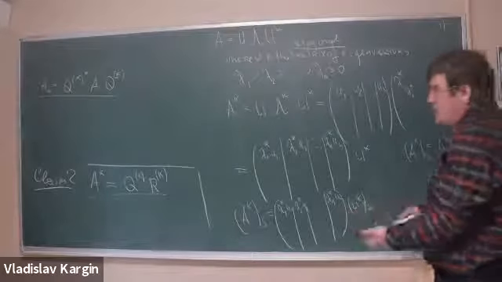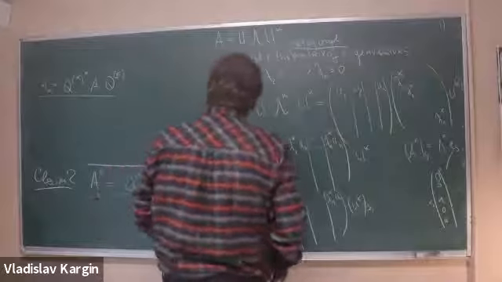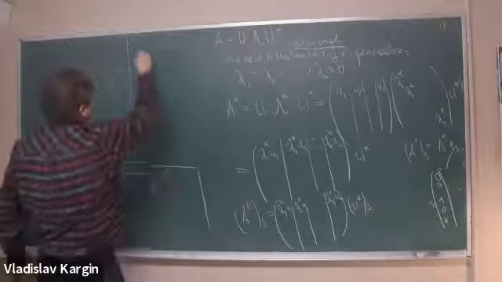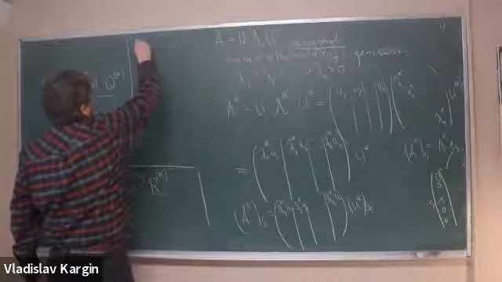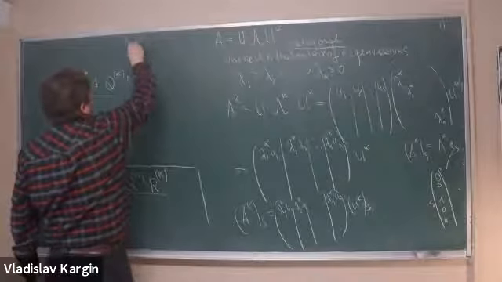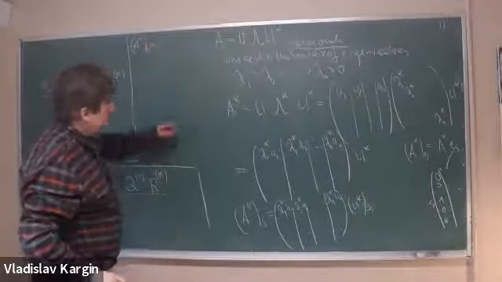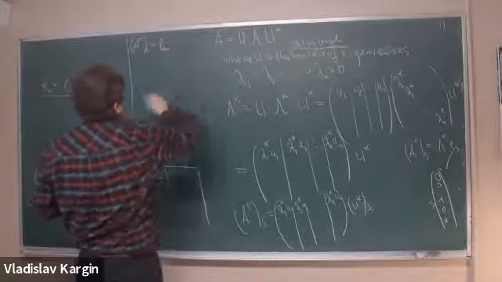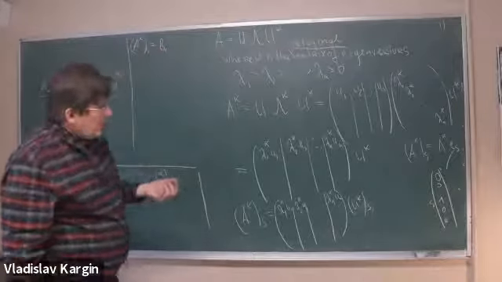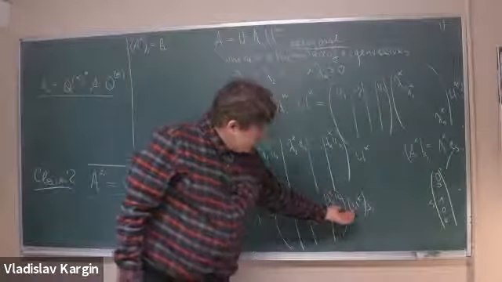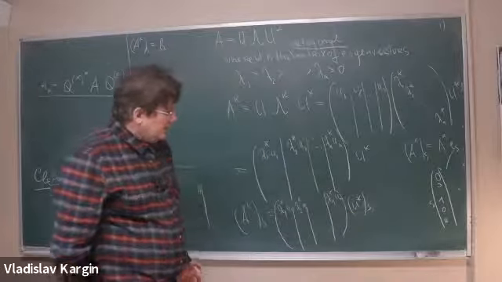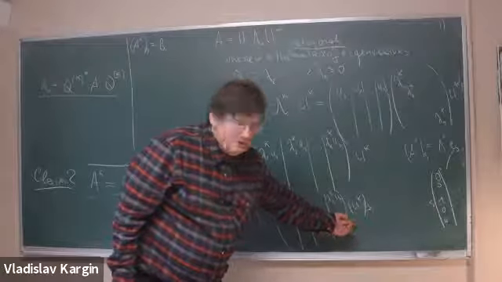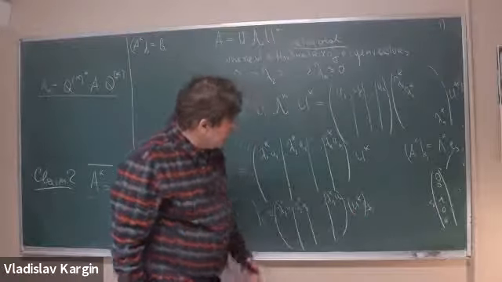So I can continue and write here that the A^k, S column is equal to some coefficient b1, which is in this matrix U star S. This coefficient doesn't depend on k. It's just some coefficient I'll need to denote somehow.